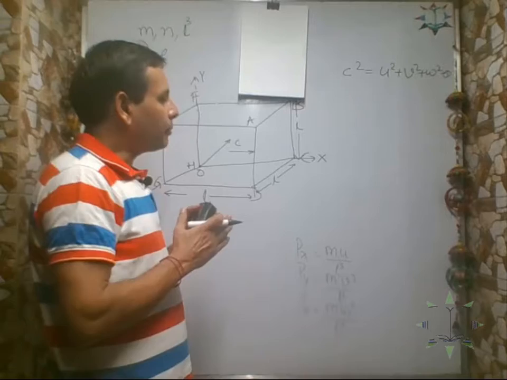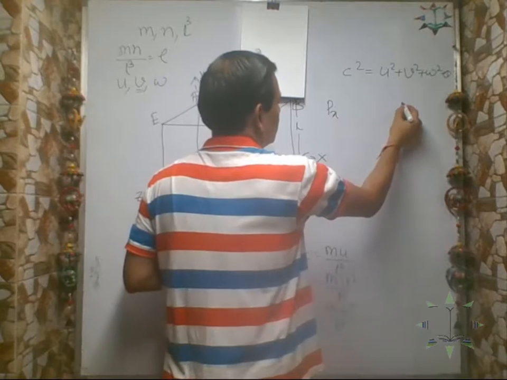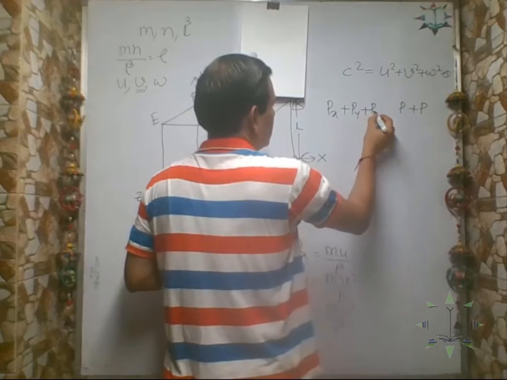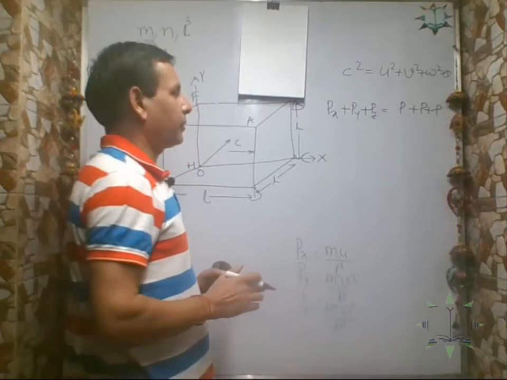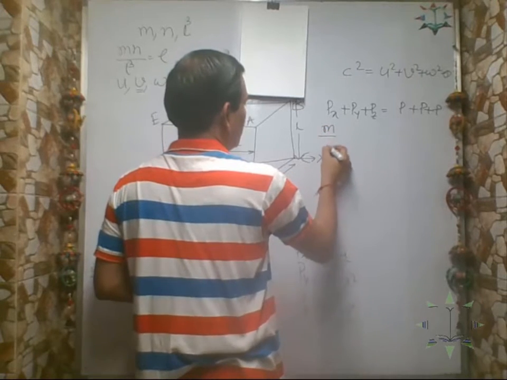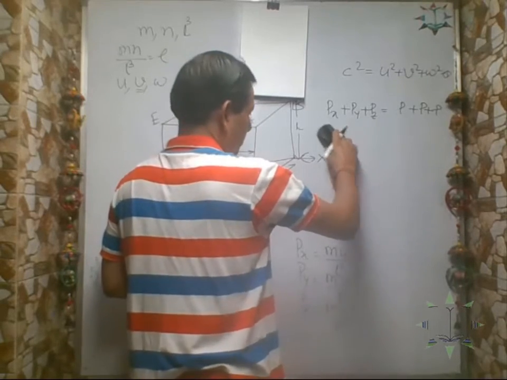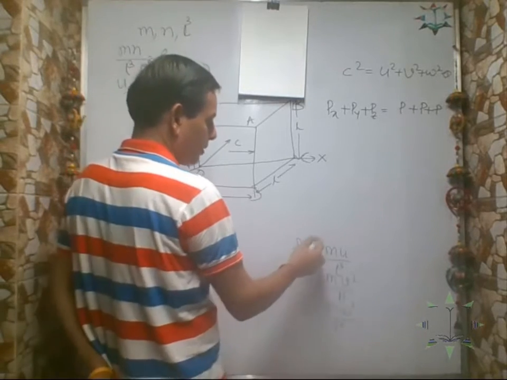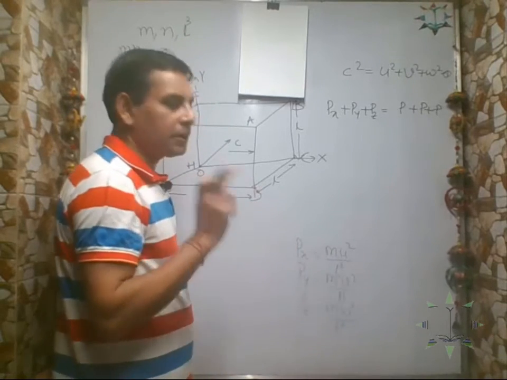The pressure exerted by the molecules in all directions is the same. So if the pressure along the x-axis is P, the pressure along the y-axis is P, and the pressure along the z-axis is also P. Correct? The pressures are the same. So if we add these three, you can take m by L cube common. If you want the total pressure exerted along the x-axis, note that this is the pressure exerted by a particular molecule.